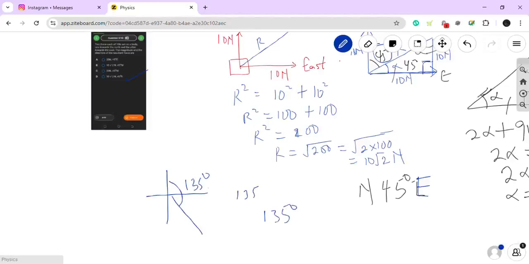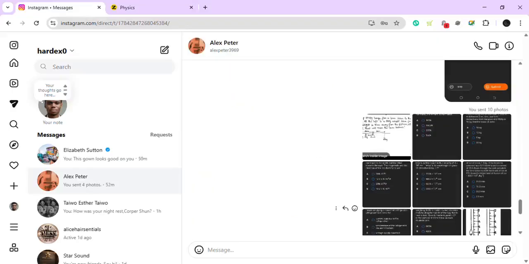But in compass bearing, if this place is 135, then the remaining angle here is 45, right? So in compass bearing, I will say this is south 45 degree east, or 135 degree. So you can try and look at more of that. It's very easy. Just calm yourself down and look at it.